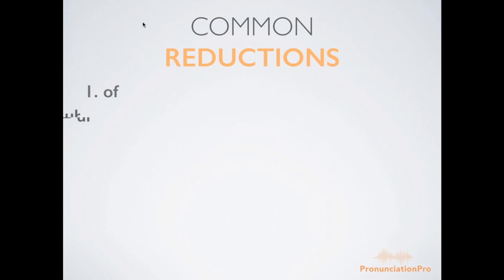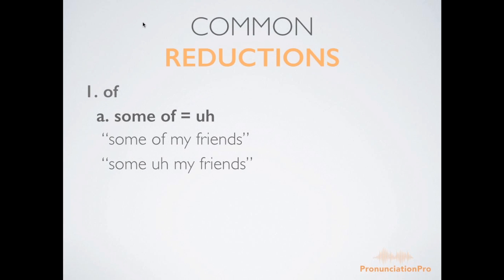So it's more like uv. Instead of some of my friends, a lot of times it's some of my friends. Some of my friends are coming. Some of my friends are coming over.